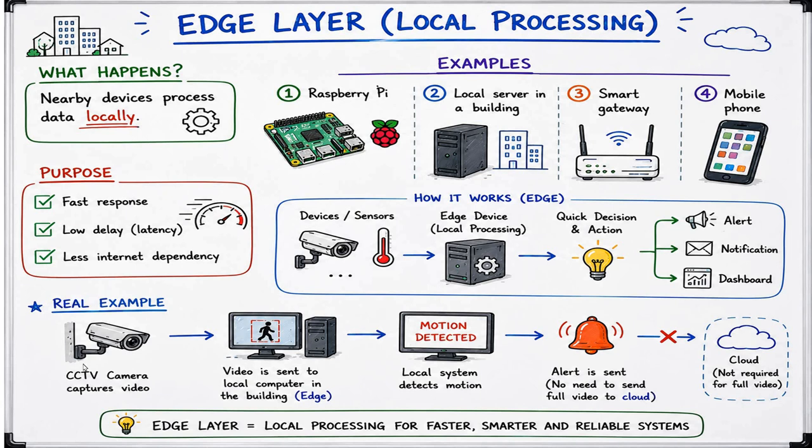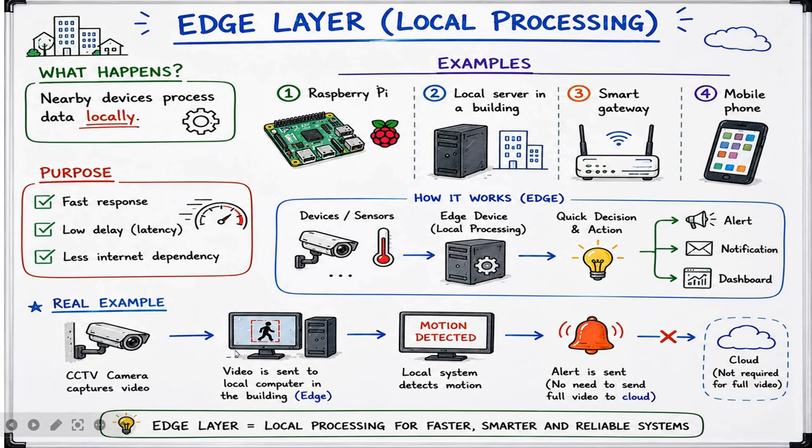So here one real-life example is the CCTV camera. It captures the videos continuously, and instead of sending the full video to the cloud, it sends the data to a local edge device, that is a computer or a server.